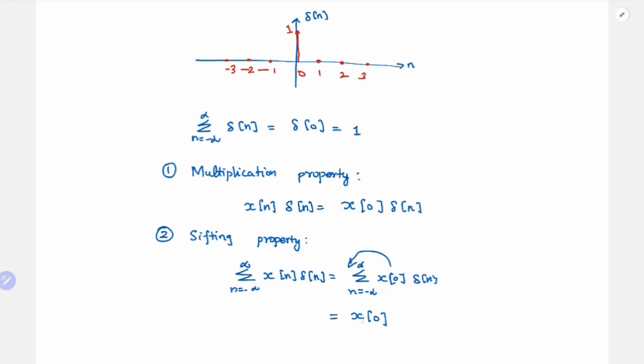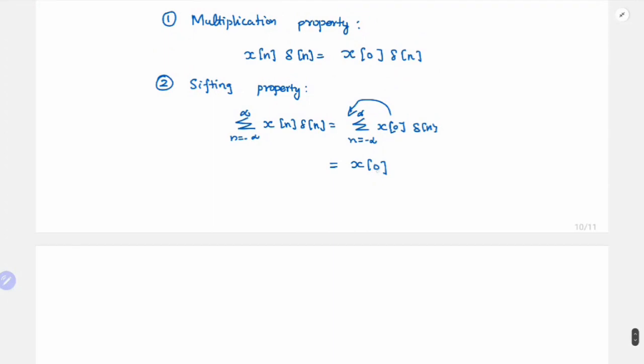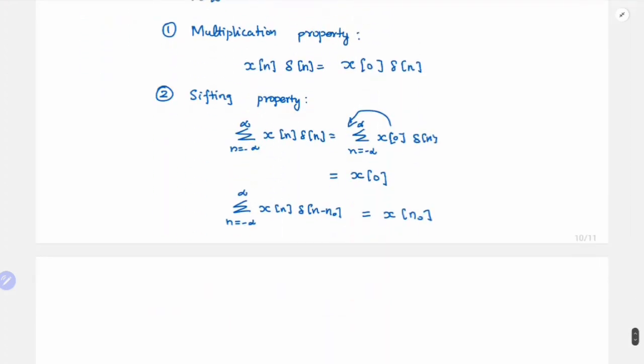So we can obtain a single value from the entire signal. So if you want to get x of n naught, what you have to do? I have to write summation n equal to minus infinity to infinity, x of n, delta of n minus n naught, right? This will give the value of x of n naught. Okay, so this is all with the unit impulse signal.